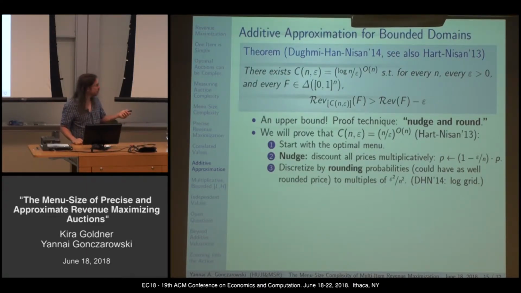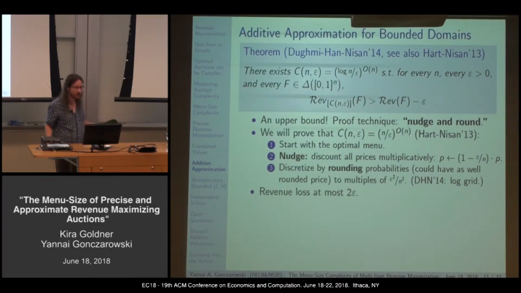So for each such combination of probabilities, you're going to have at most one entry in the menu, and that gives the small menu size. Now I just have to explain why we've only lost 2 epsilon revenue in this case.